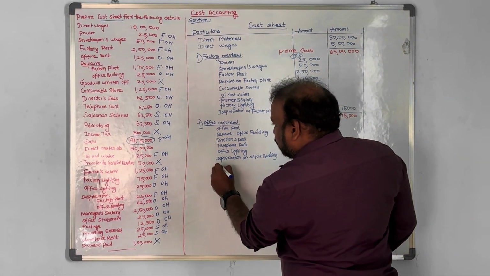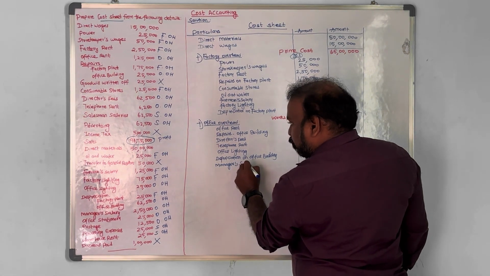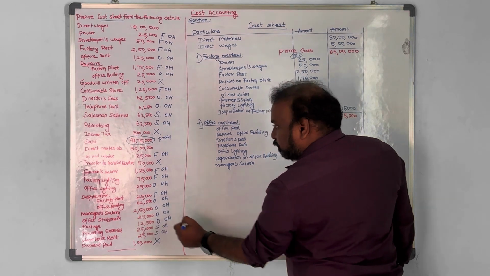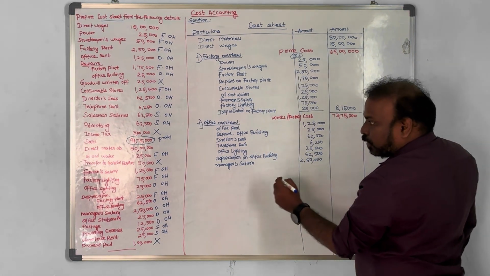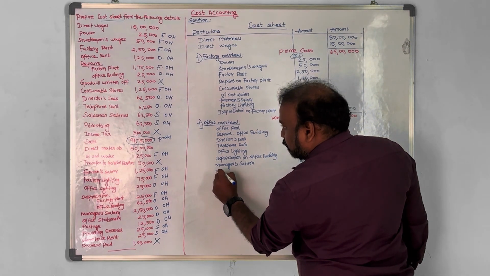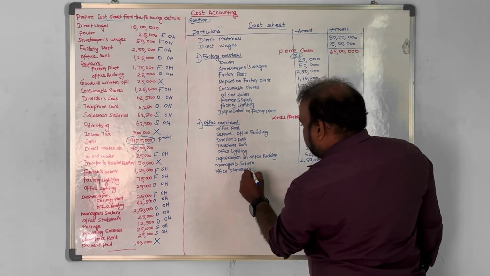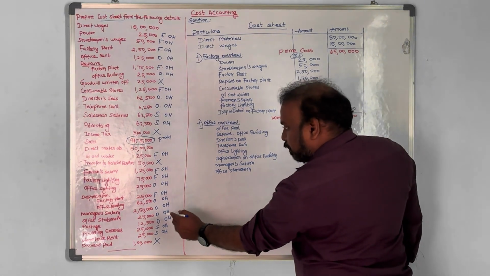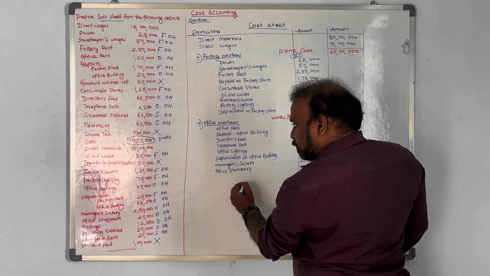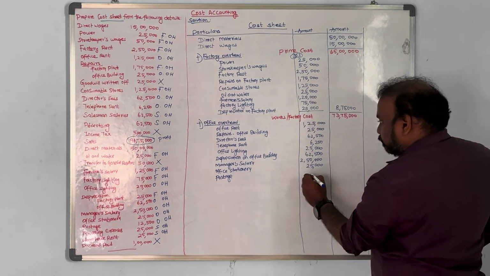Then manager's salary 2,50,000. Office stationery 25,000. Postage 12,500.